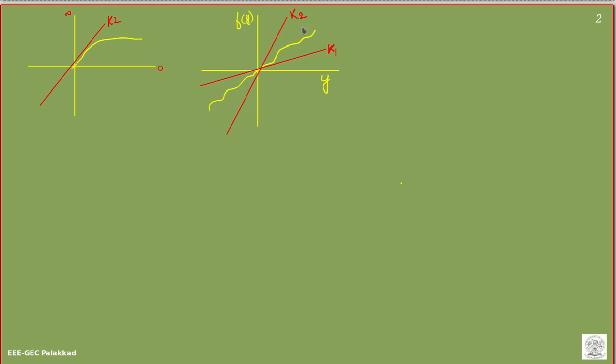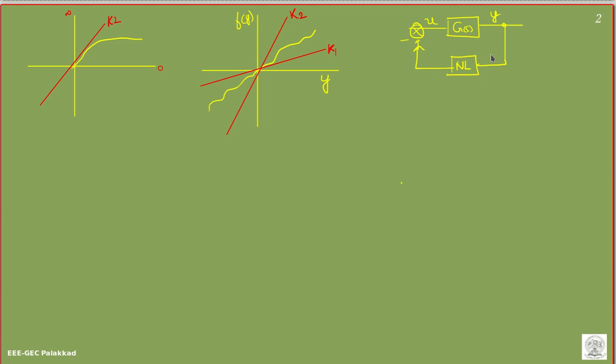So I have a G(s) here, and we have the nonlinearity here, and it is being fed back here; this is u, this is y, and this is negative.